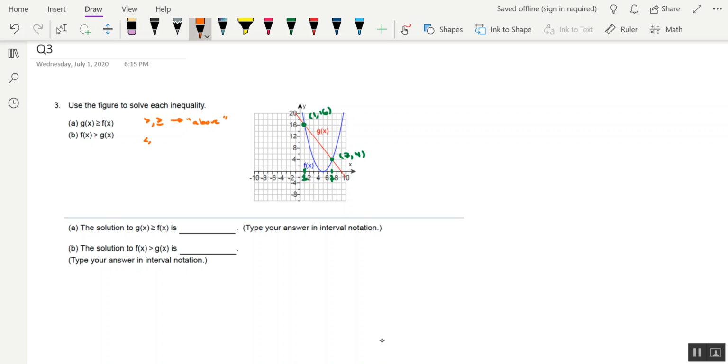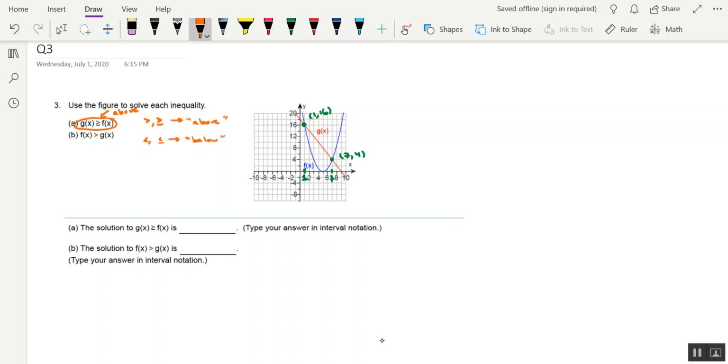And if we have less than or equal to, you can think of this as like the word below. So for instance, with part A, we want to solve the inequality g of x is greater than or equal to f of x. From a graphical standpoint, we want to figure out which part or parts of g of x are above the graph of f of x.